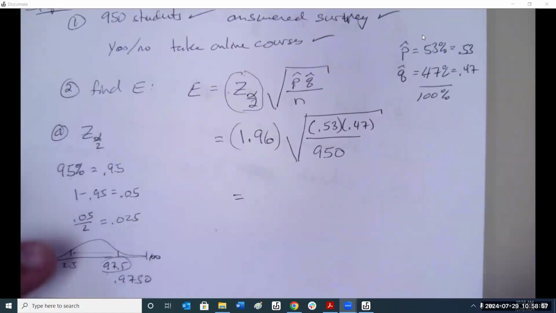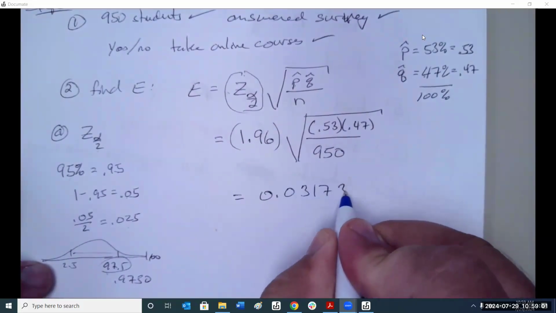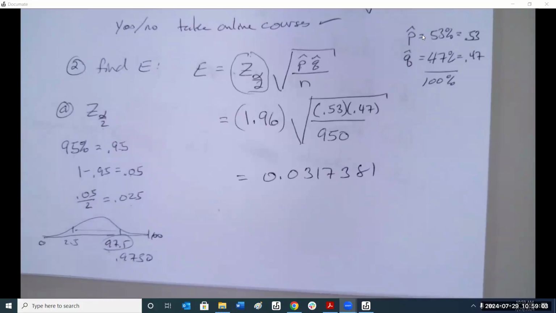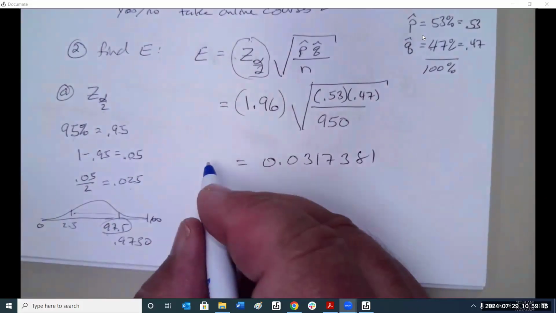Calculate all this stuff. It's going to give us 0.0317381. Remember, do not round any of your numbers until the very end. Use everything the calculator gives you. So this is my E.